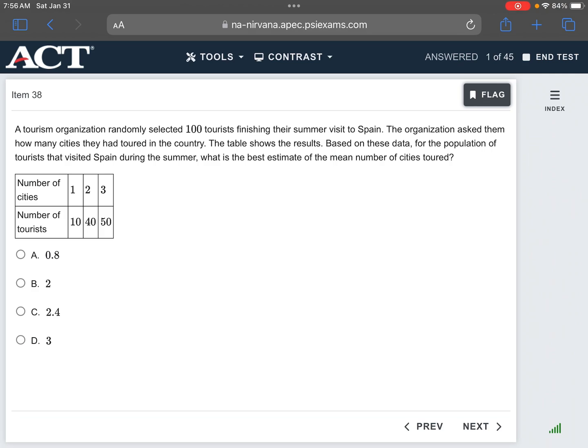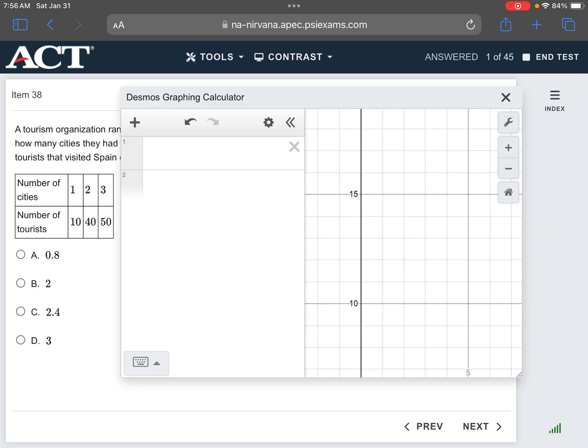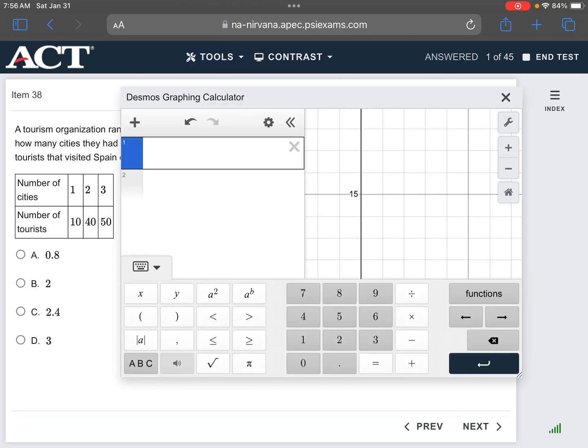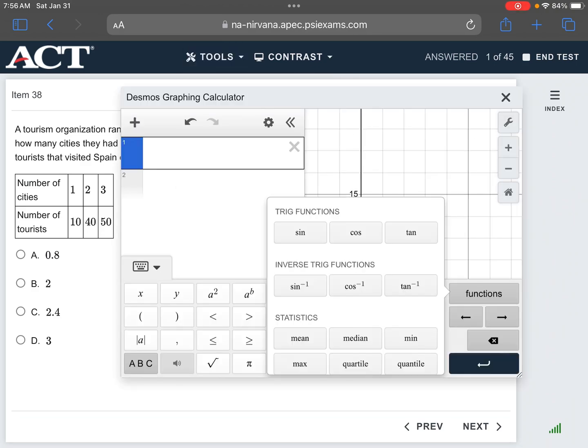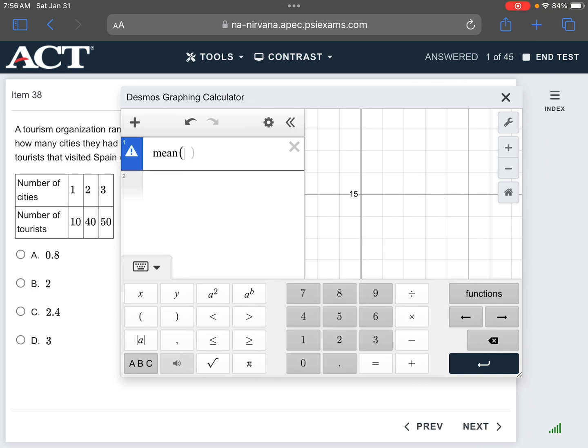And actually, we could power through this relatively easily on Desmos, but it would just be a lot of inputting. So you could take functions and then go to the mean, or you just type in mean, and that gives you the average, and then put in your data. So again, 10 tourists visited 1 city. So we would have to put in 1 10 times.